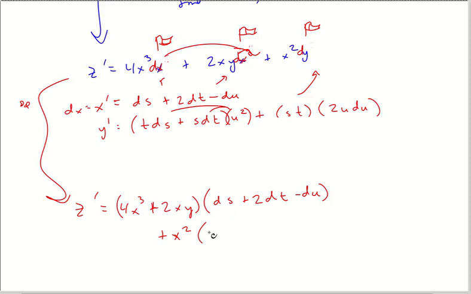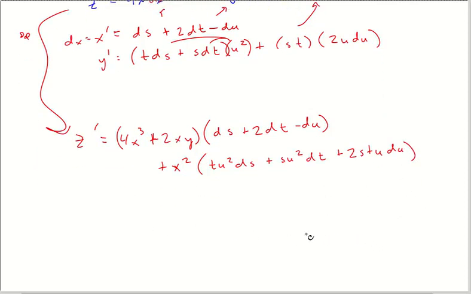So I've got tu squared ds plus su squared dt plus 2stu du. Whew! That is just one heck of a mess.